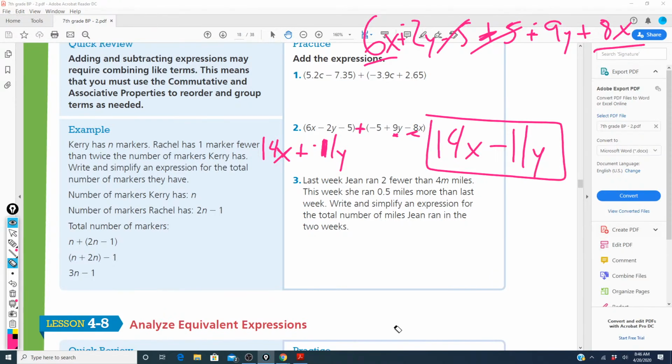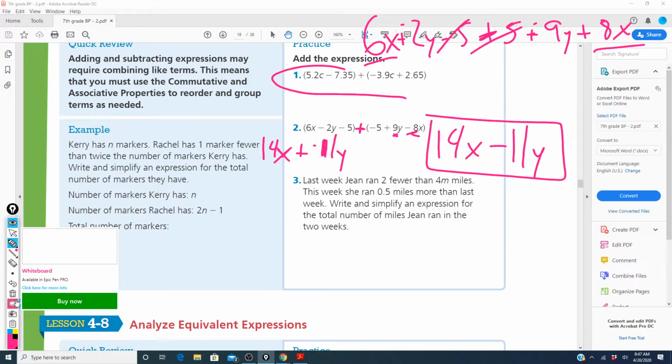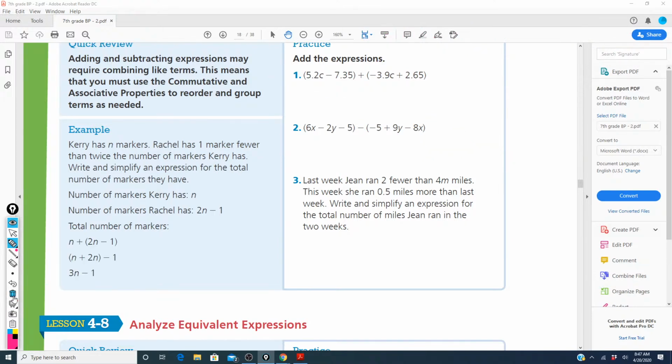Put a subtraction sign on the last question. Oh, Nathaniel, you mean this right here? I know we're on a delay. Let me clear this real quick. Nathaniel, you're talking about this one right here.